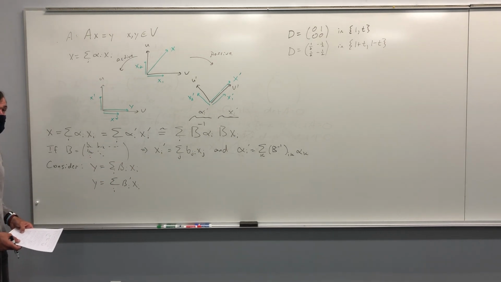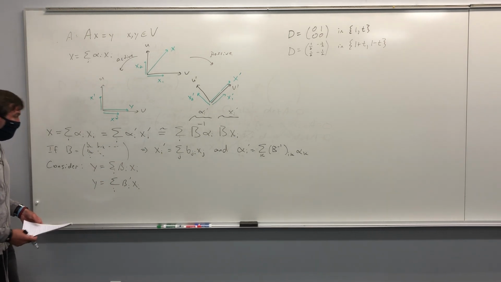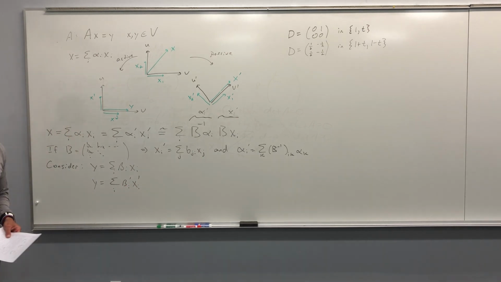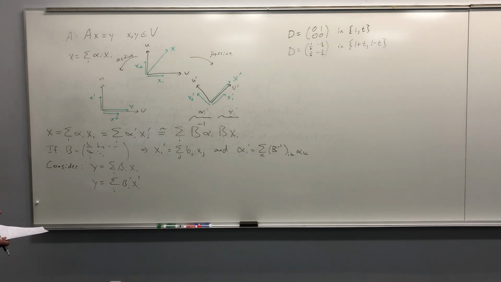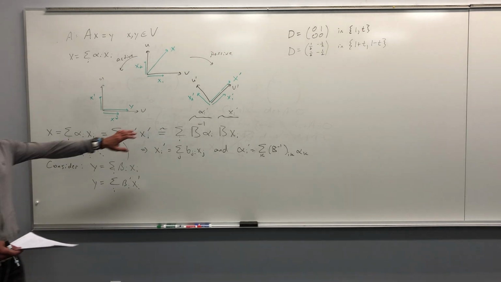Wait, you said the transformed xi, but you did not prime that? Oh, sorry, yeah, I should prime it. Xi prime sort of looks like it would just be you transpose B and then do matrix multiplication. Is that right? The BJI xj. We'll get to it in a minute.